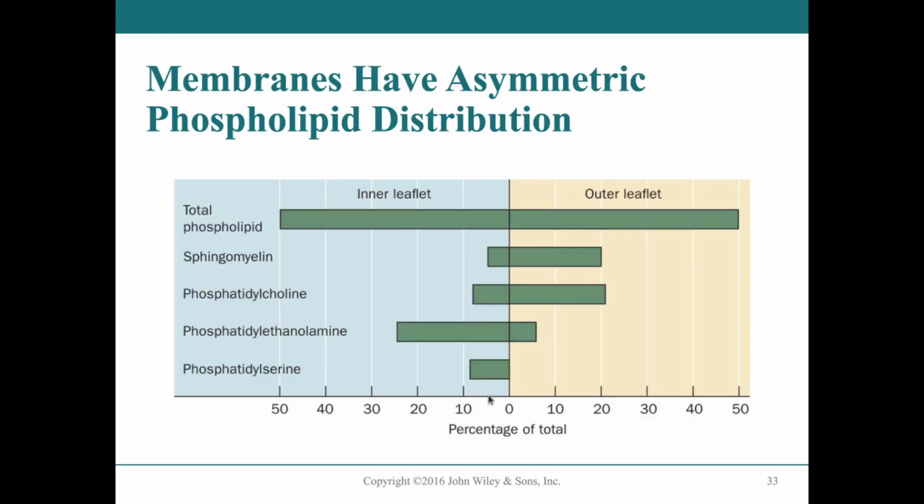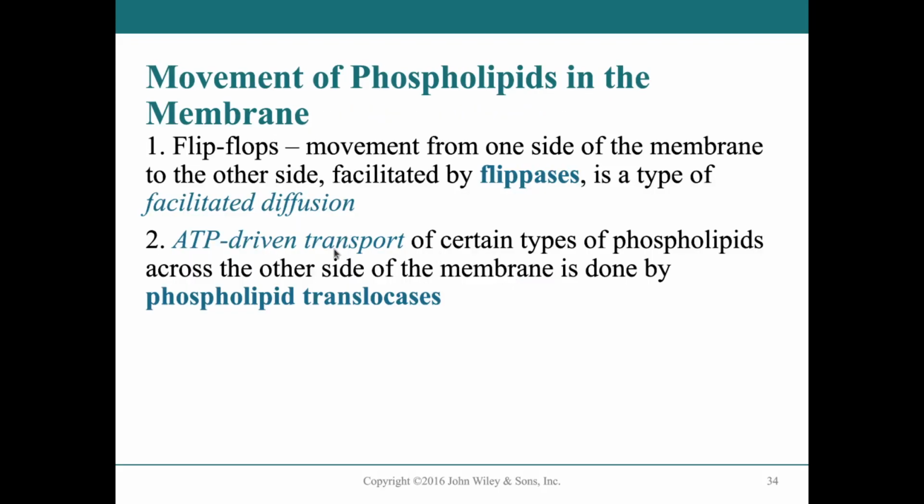Now, because we have observed asymmetry, and equilibrium doesn't like asymmetry, that means there is another driving force behind this asymmetry, and this is active transport. Basically, it's ATP driven. We know once ATP becomes involved, this becomes active transport. And these are the phospholipid translocases.